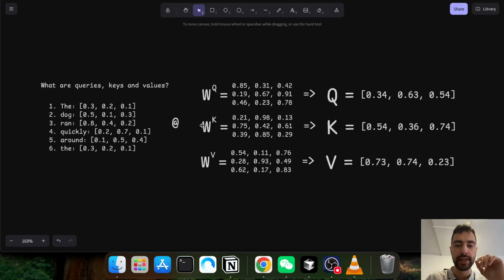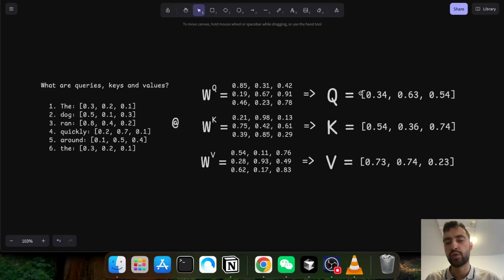So the key matrix is the same for every token, and the value matrix is always the same for every token. And the LLM learns these three different matrices, and when you multiply the quickly token with the key matrix, you also get some vector that's the key vector for this token, and you also get a value vector for this token.